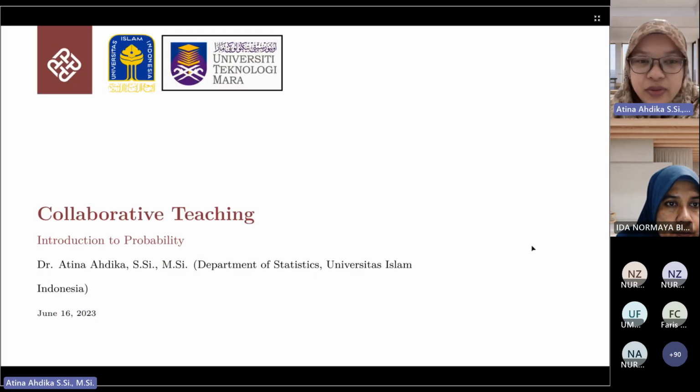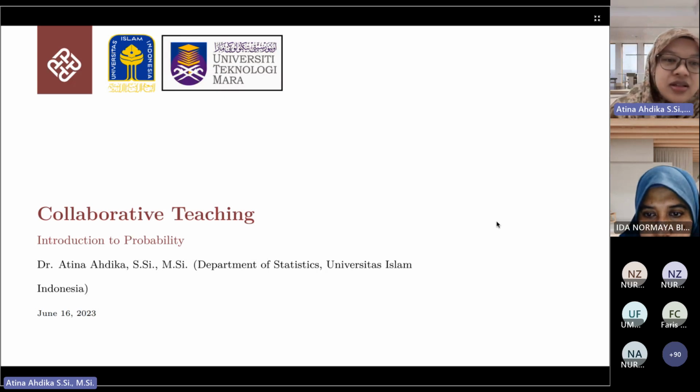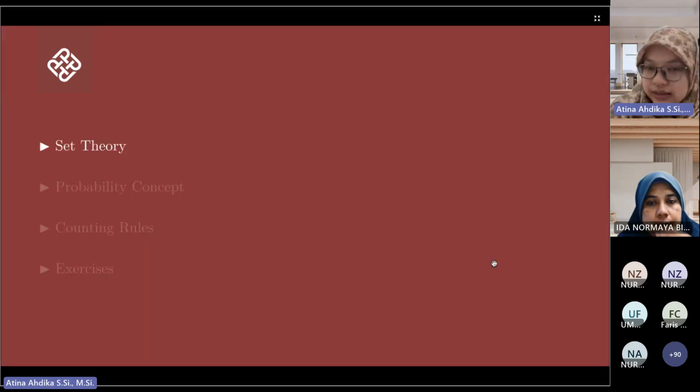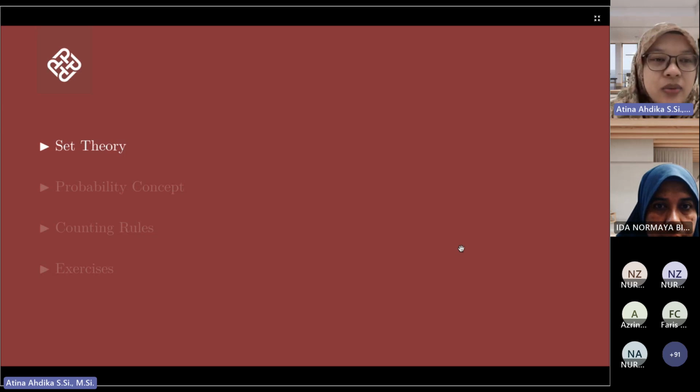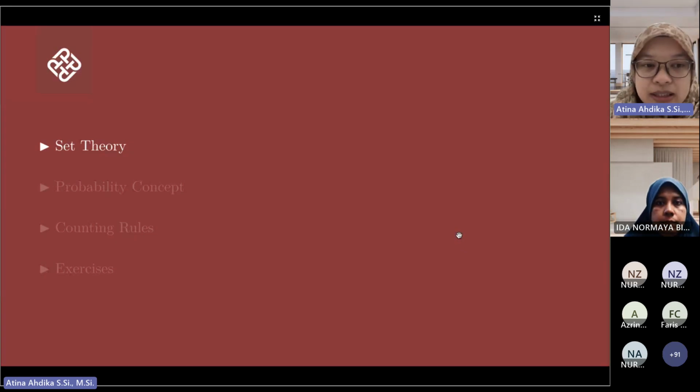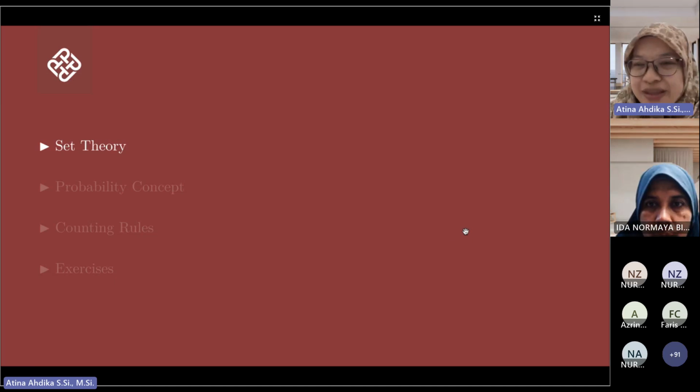Okay, so everyone, today we will discuss some materials about the introduction to basic probability, and this is the outline of our discussion today. First, I will give you some basic concepts of set theory, and then the concept of probability and counting rules, and then I have some exercises for you through quizzes, so you can prepare your smartphone.